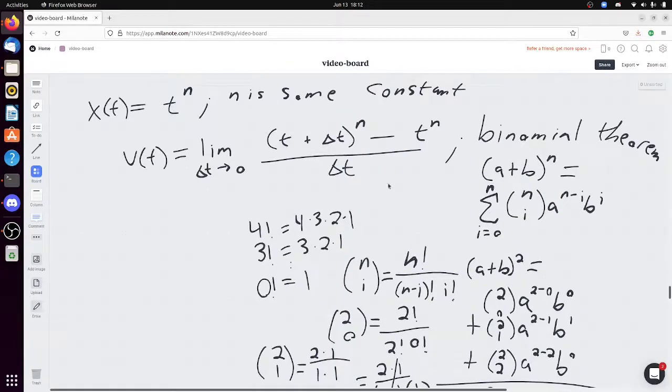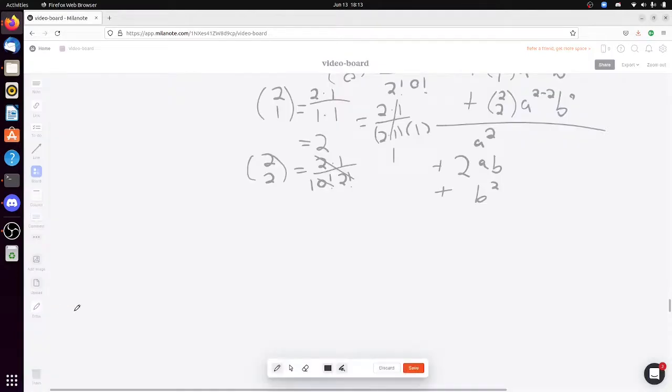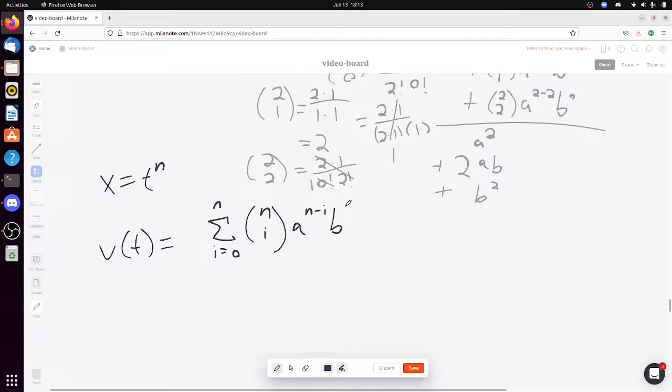So remember, we're going to write out this term, but we're going to replace this t plus delta t to the n with this binomial theorem expansion. So what are we looking at now? Vt equals the sum for x equals t to the n. We get n over i, where i starts at 0, times a to the n minus i times b to the i.